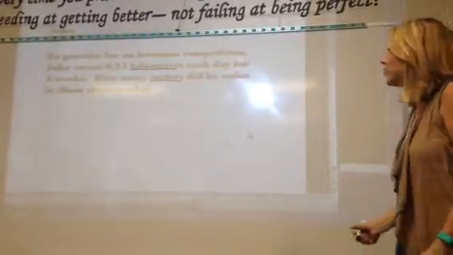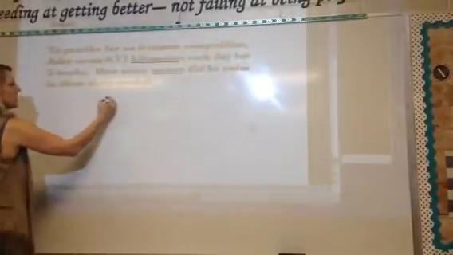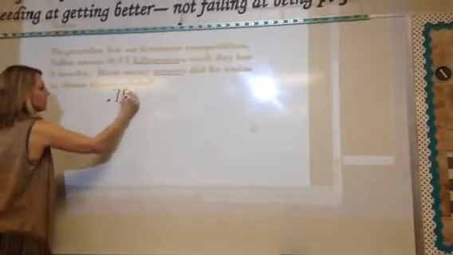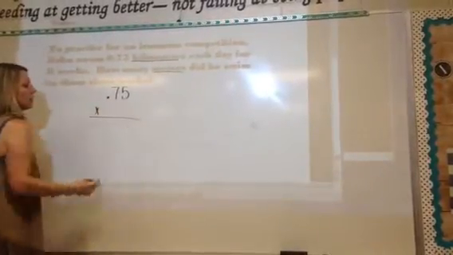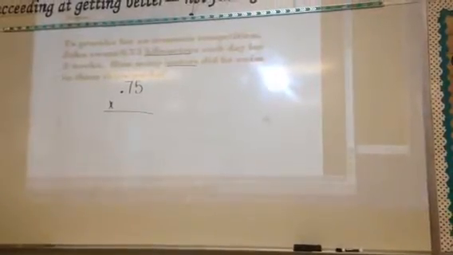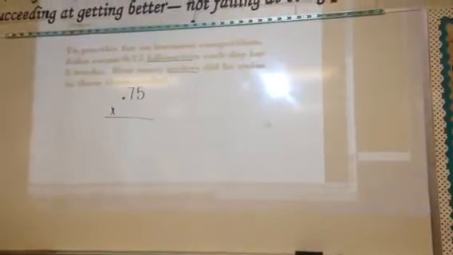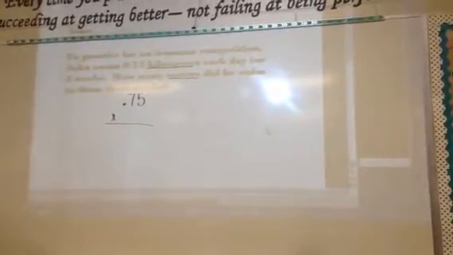So on our first part, since we have to do weeks into days, I'm going to take the 75 hundredths of a kilometer and multiply it to find out how many kilometers he would swim in 1 week. But rather than multiply by 1, this is what Jackson was just talking about, I could multiply times 7 to find out how much he swims in 1 week, or I could go ahead and get all 3 weeks together.